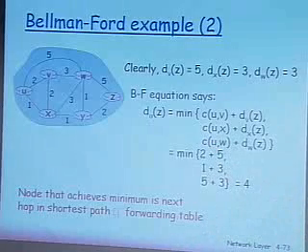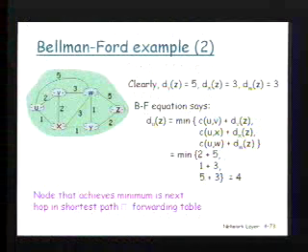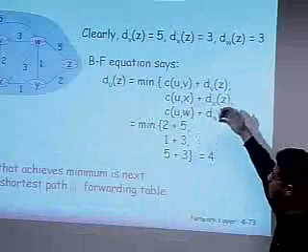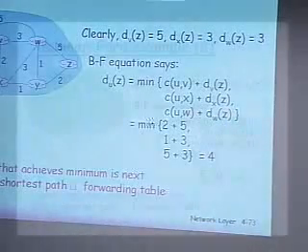So all the information that is needed to compute here is local information. You need information only about your neighbors. What is your cost to the neighbors and what the neighbors tell you is their best cost to a particular destination. Once the neighbors can give you the right cost, then you can compute the best path and populate your routing table.